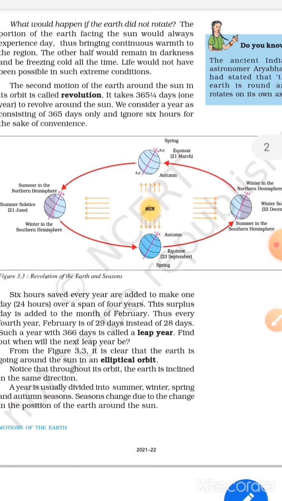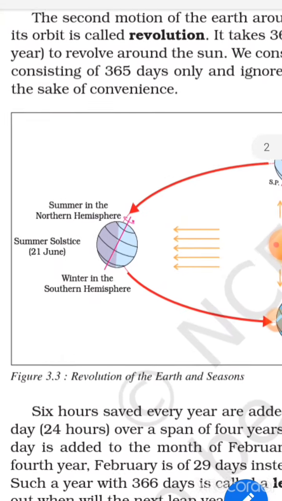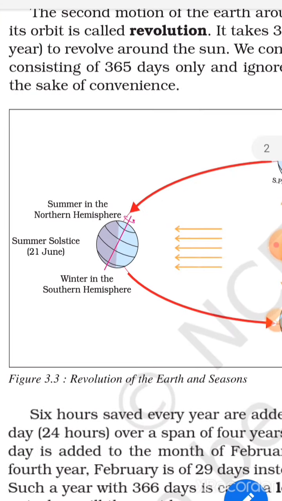Now at the 21st June, in the diagram you can see, the northern pole has tilted towards the sun.